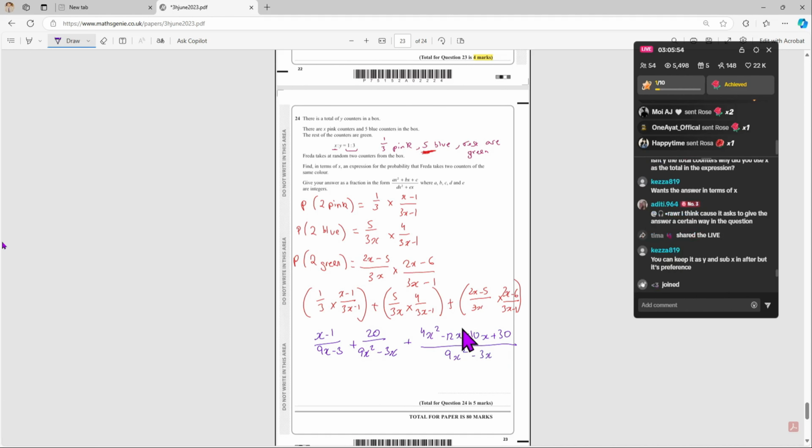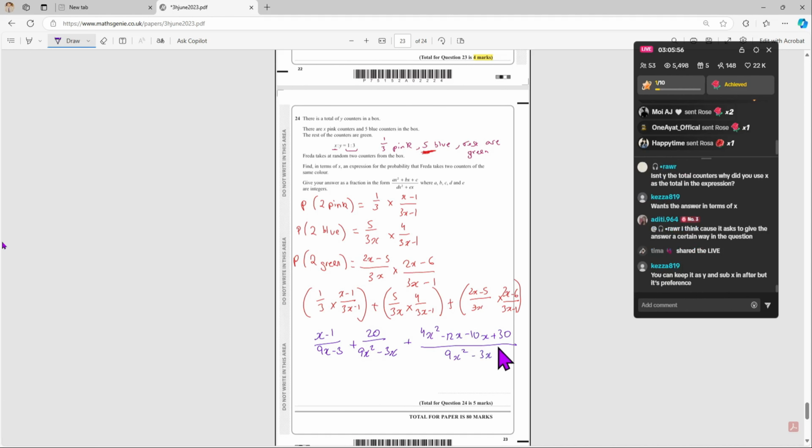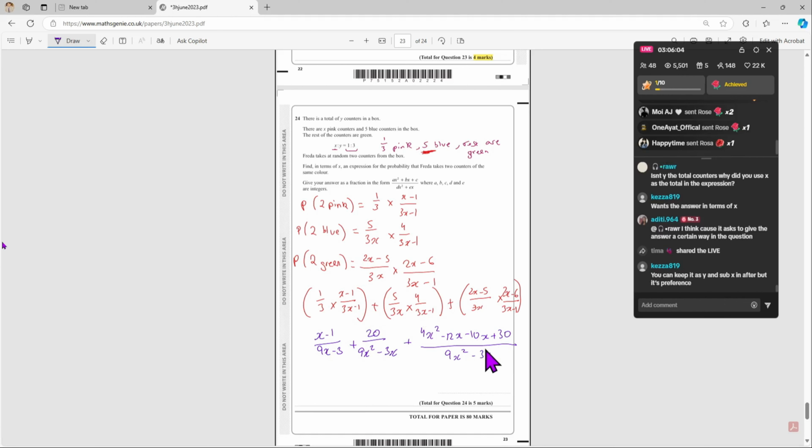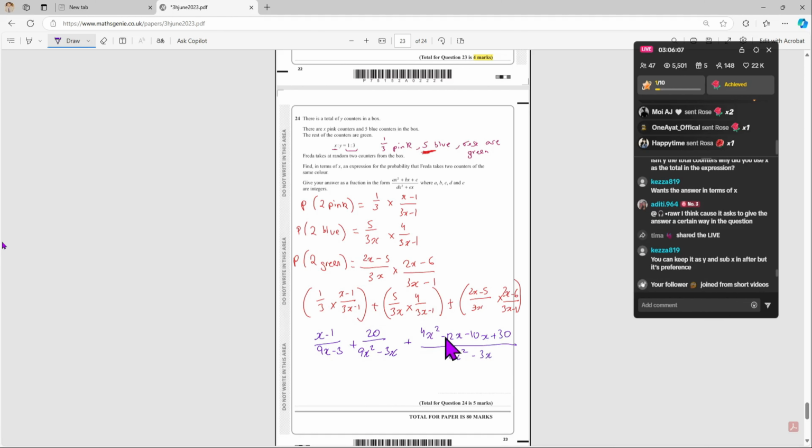When I expand this whole thing, you'll notice that we have two fractions with the same denominator.